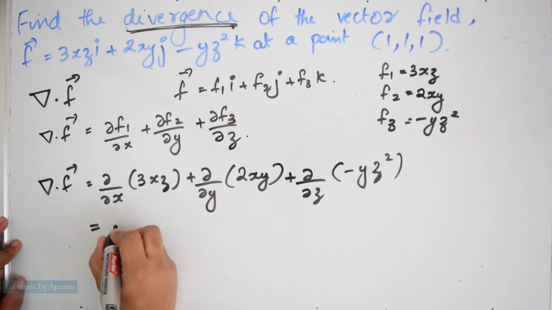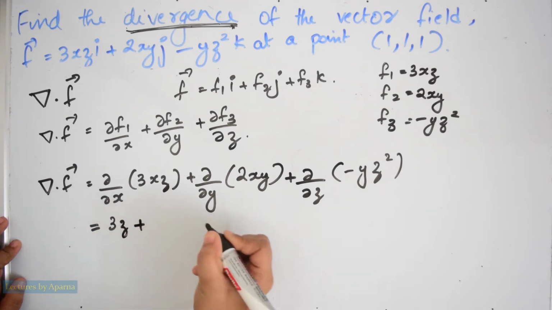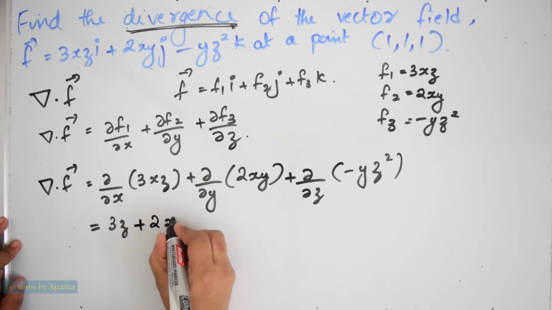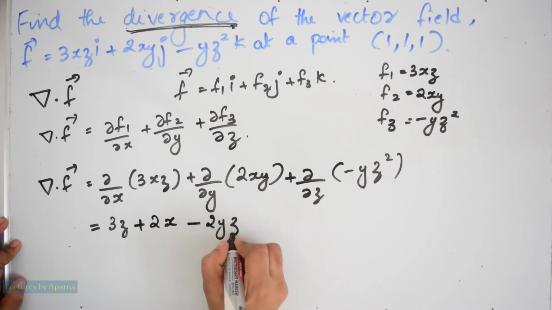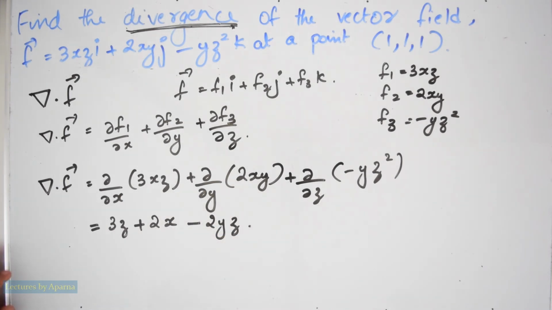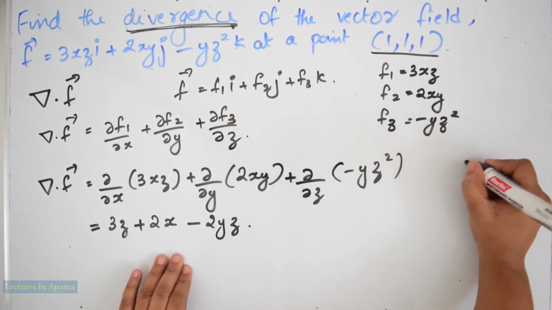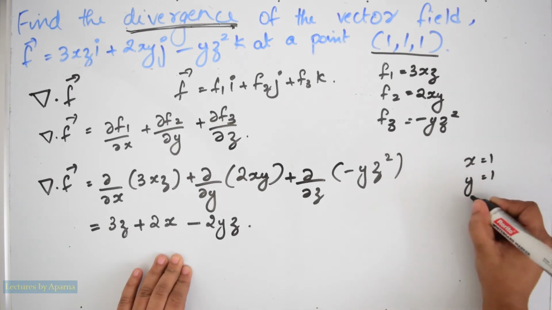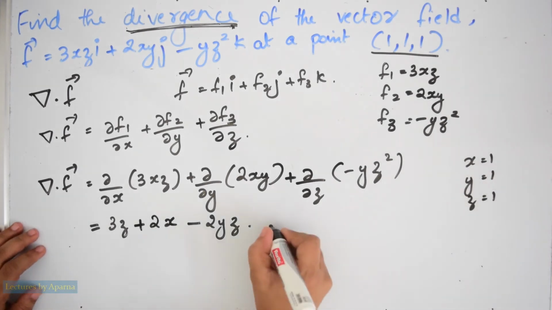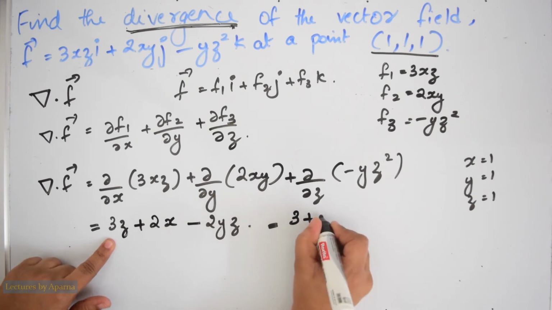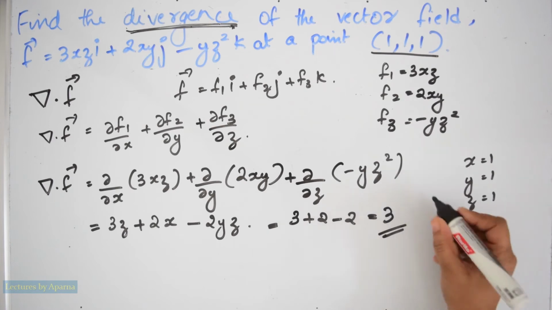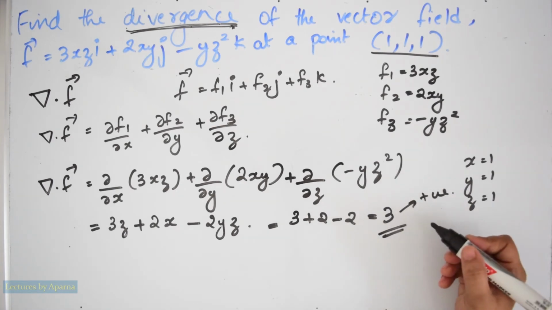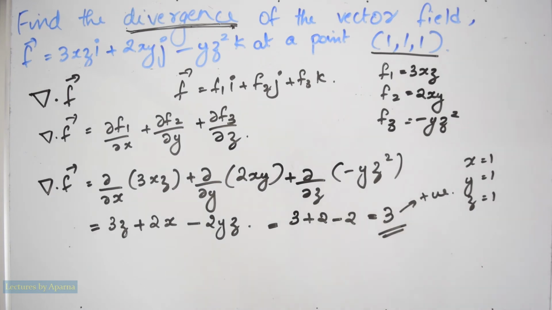This will be equal to 3z plus 2x minus 2yz. Now we have to find it at the point 1, 1, 1. So at 1, 1, 1, x is equal to 1, y is equal to 1 and z is equal to 1. So del dot f will be 3 plus 2 minus 2, which is equal to 3. This is a positive number and hence it is positive divergence.